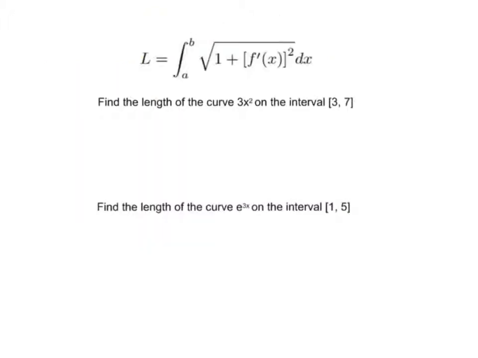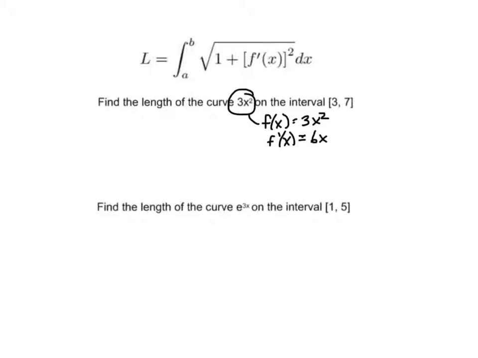Let's try a couple. So here's the formula as it says in your book. Arc length is the integral from a to b of the square root of 1 plus the derivative squared. So find the length of the curve 3x squared on the interval from 3 to 7. The first thing I would do is find the derivative. If f of x is 3x squared, f prime of x is 6x.